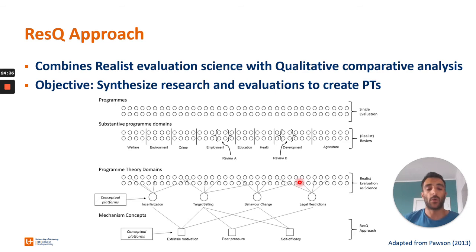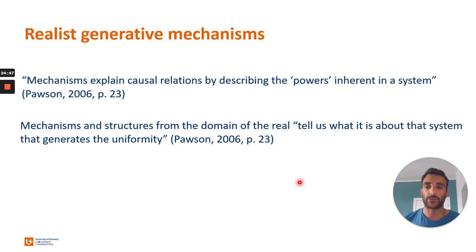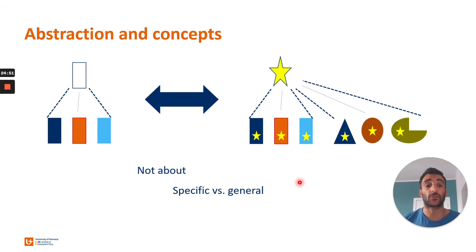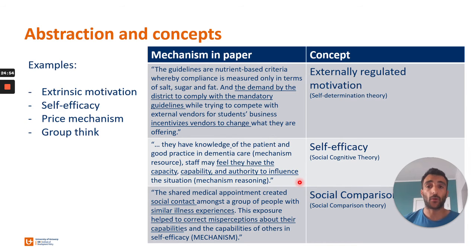But here, what we will see later when we talk about Gary Goertz's conceptualization of the mechanism, or the social science concept, we will see that the causal factor becomes much more important. So that is why abstraction and conceptualization are actually so important. And here are some examples of what I mean.